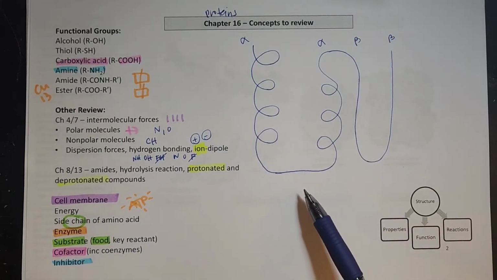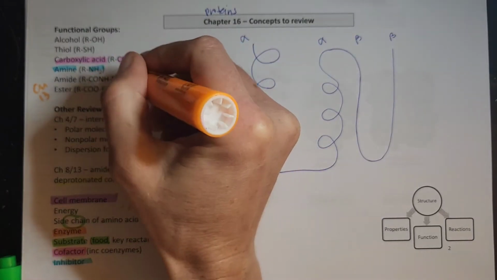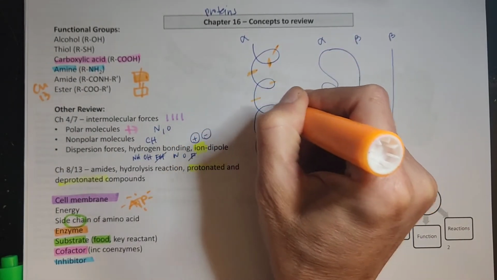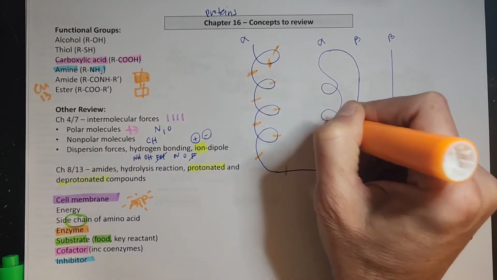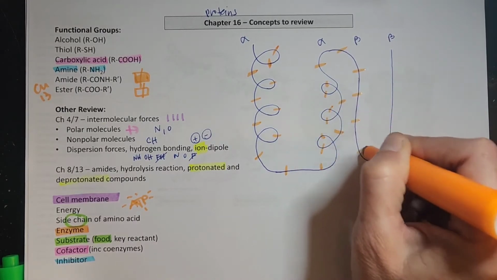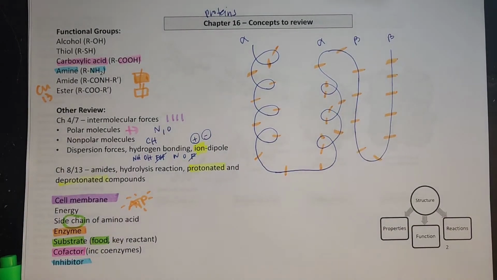And in this polypeptide, what you're going to see is first of all, in the backbone, there's a whole lot of these amide functional groups holding amino acids together. So all kinds of amides as I go through my protein. All right, and these are not to scale and not exactly in the right spot, but lots of amides holding my amino acids together.